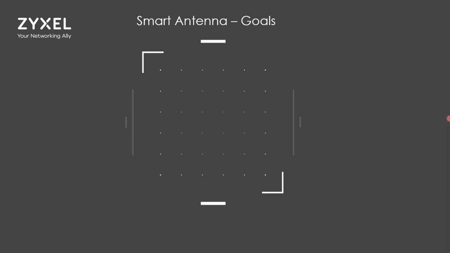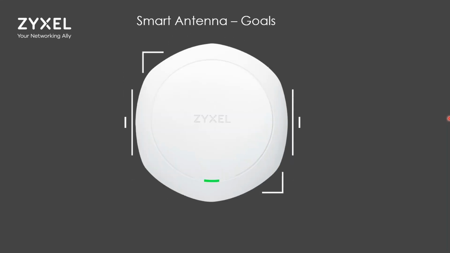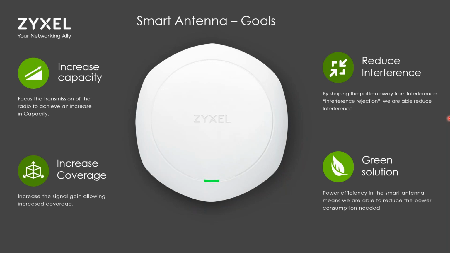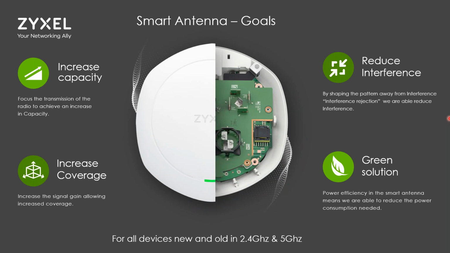Okay, and then to the solution itself. The smart antenna is designed to increase capacity, meaning that we can focus the radio pattern better to each client and gain more bandwidth and more capacity that way. It also increases coverage, since we can steer the signal in a certain way and reach further from the AP.